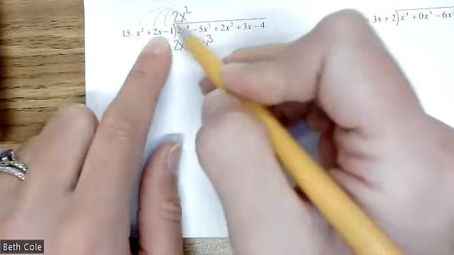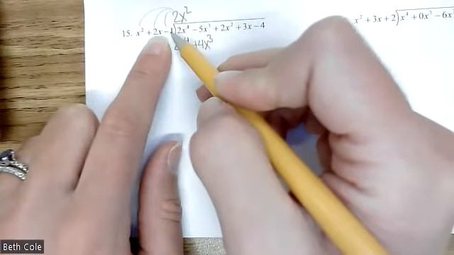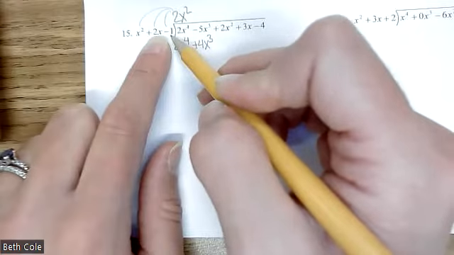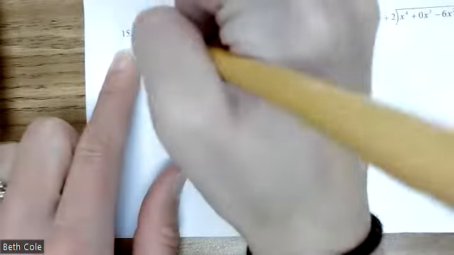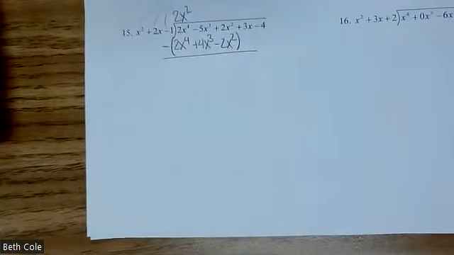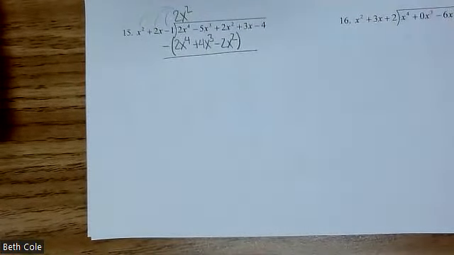And then minus 2x squared. Good. Give it a hug. And here's the tricky step. We're going to subtract it. It is subtraction. Negatives are tricky.